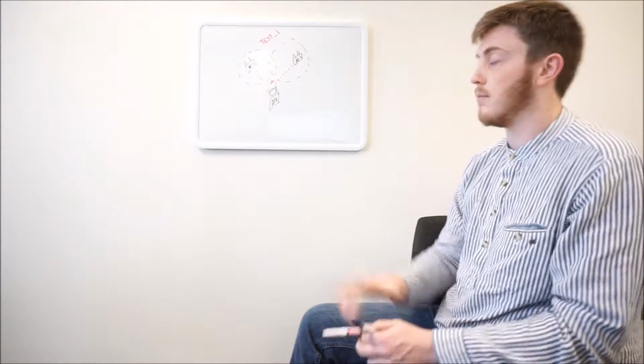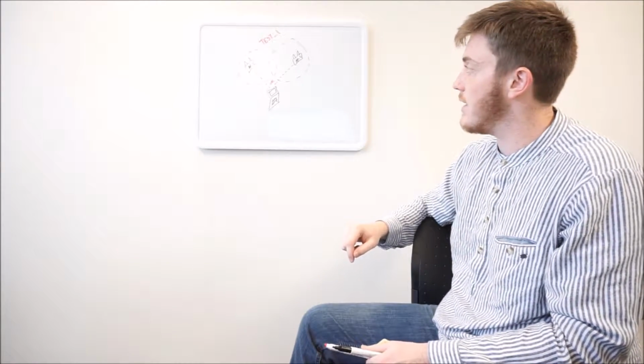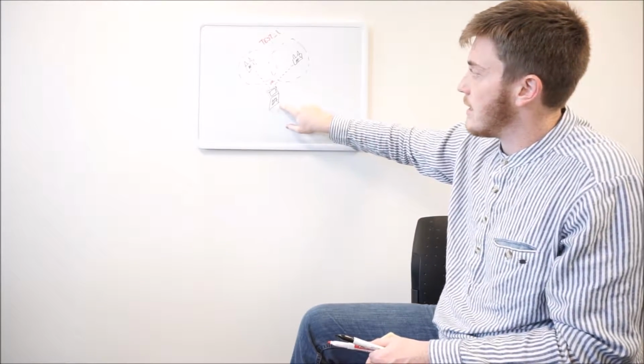So as you can see here, both access points are broadcasting the test_1 SSID and test_1 network, and our device here is able to connect to either AP1 or AP2 respectively.